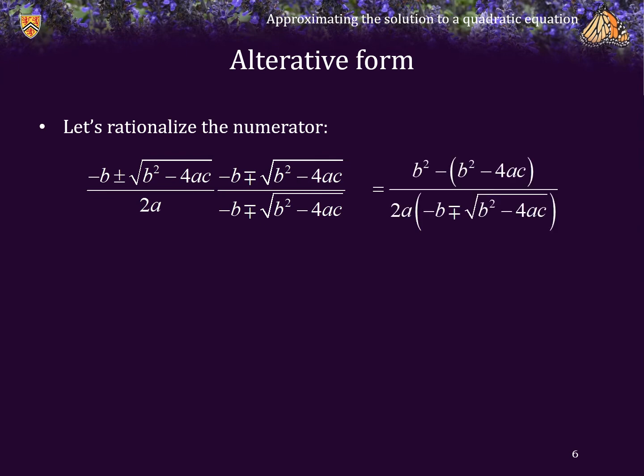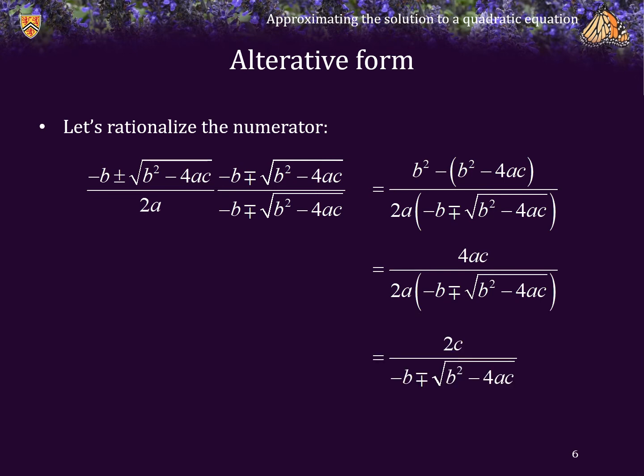Expanding that out gives us this formula here, which can be simplified and thus further simplified to be this formula here. Actually, normally we write it as follows. So here are two formulas for the two roots that give us the exact same roots as the original quadratic formula.